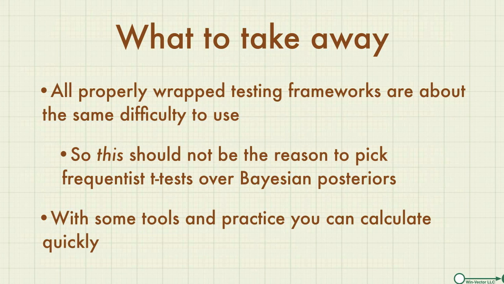What to take away? If you have a worksheet or calculator, then you shouldn't be worried about the technical difficulties of the calculations. So those calculation difficulties should never be a reason to choose between t-tests and Bayesian methods, or vice versa. With some tools and practice, you should be able to calculate quickly and confidently.